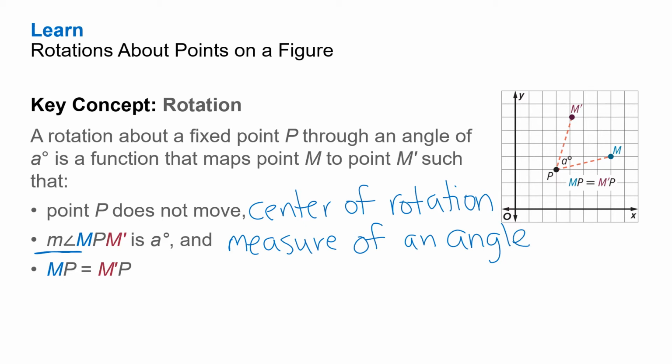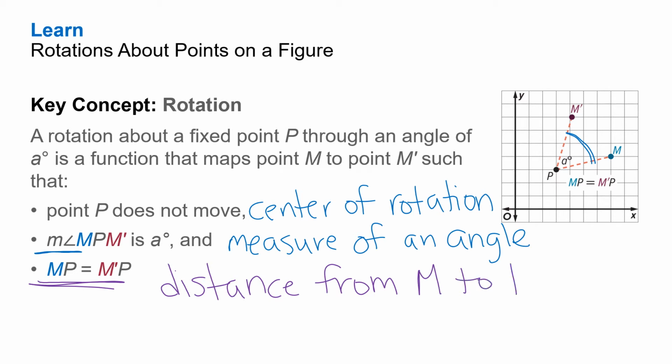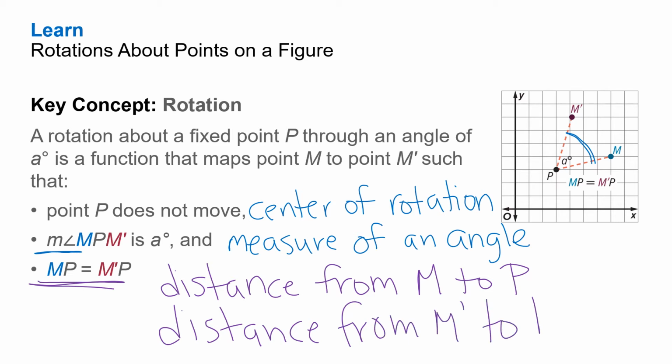In our diagram here, it's referring to this measurement, the space between MP and M prime P. And this symbol is telling you that the distance from M to P is the same as the distance from M prime to P.